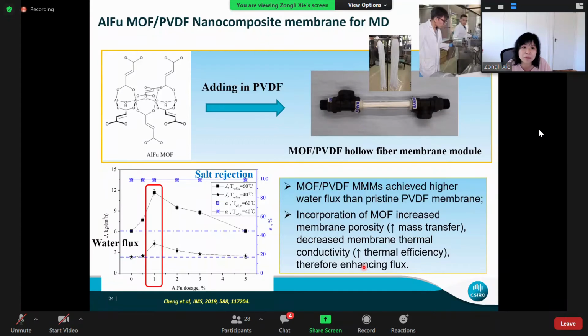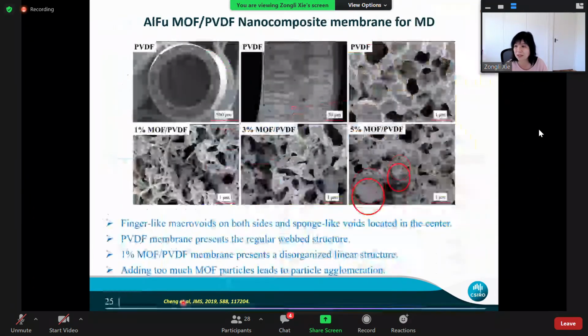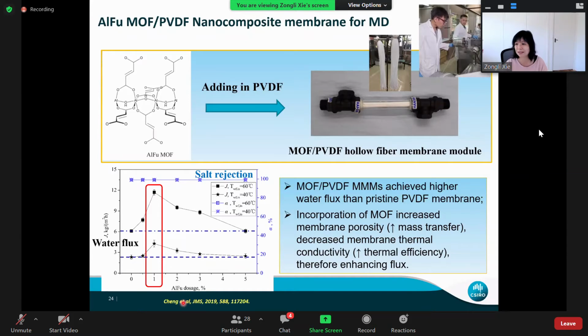So we added aluminum fumarate into the PVDF, and we made the hollow fiber nanocomposite membrane using our machine. And by controlling different loadings, we are able to achieve high water flux. One of the reasons we believe we are able to enhance this water flux is that by controlling the morph at the right content, we are able to increase membrane porosity, and that has the effect of increasing mass transfer.